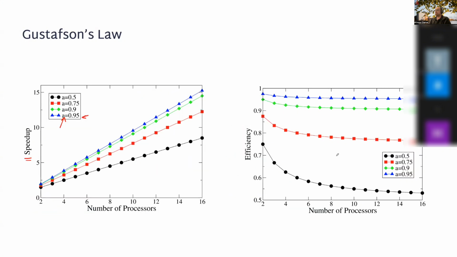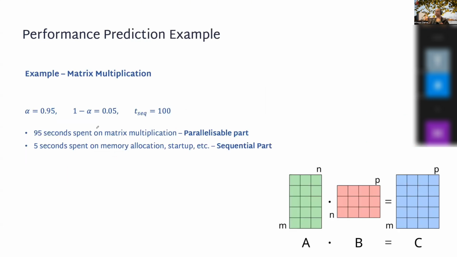In the efficiency curve you can see a similar thing: as you increase the number of processors, your efficiency is lower bounded by alpha, which is 95% here. That's quite interesting. Now we can see that if we scale the problem size with the number of nodes, then we can achieve good speedups.